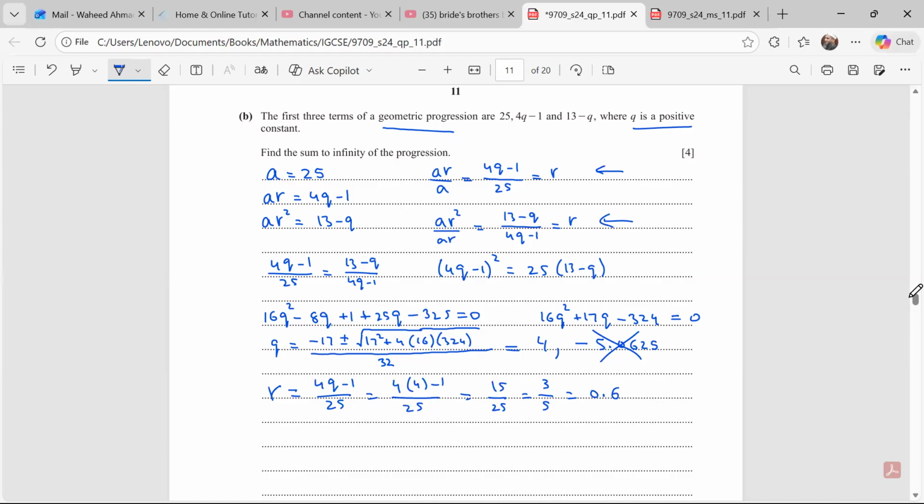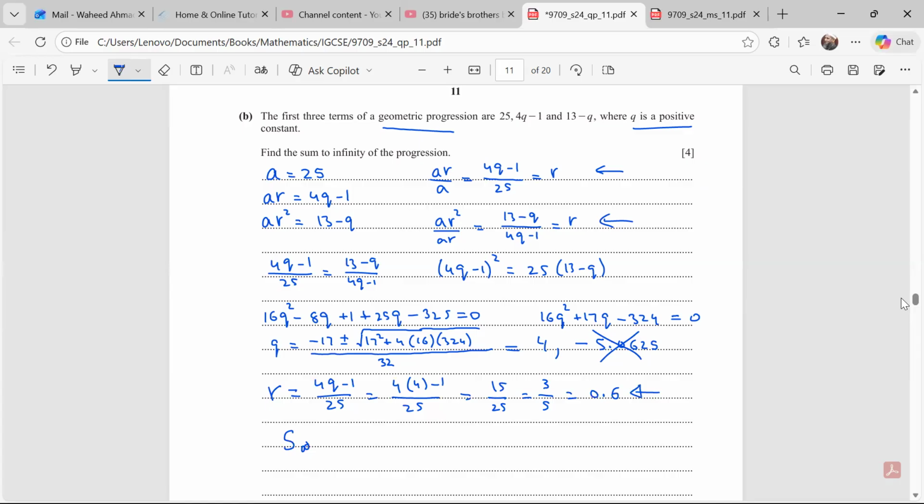Okay, so this is the value of common ratio R for this one. Now we can easily find the sum to infinity. Remember what we have to find? Find the sum to infinity of this progression. We can do infinite terms when the common ratio is less than 1, which is the case right now. It is 0.6 only.